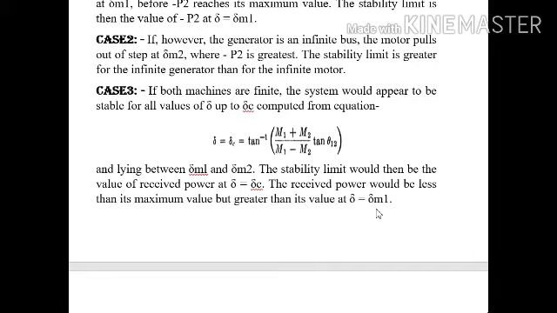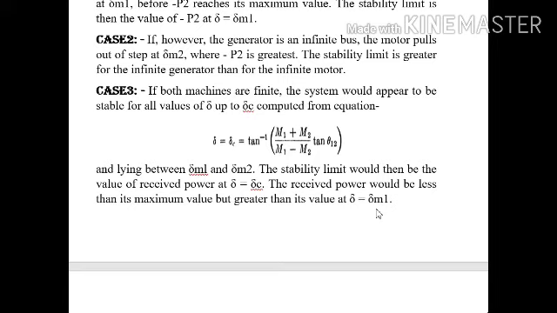When the architrave impedance was positive, the three cases were: first, one machine is an infinite bus, that is, the generator connected to an infinite bus; second, the motor receiving power from the infinite bus; and third, both machines are finite. Accordingly, we have seen where the steady state stability limit occurs, whether at delta M1, at delta M2, or in between, that is at delta C.